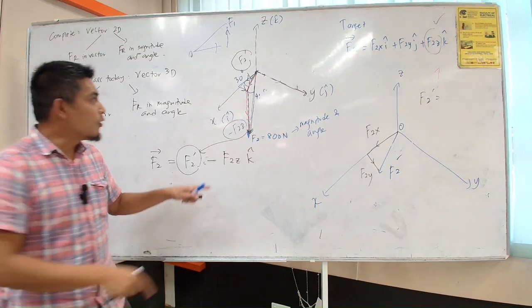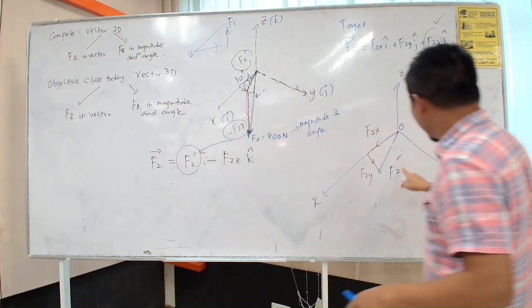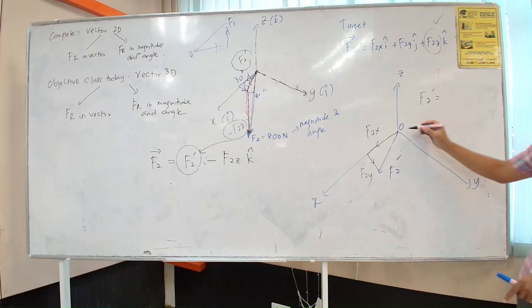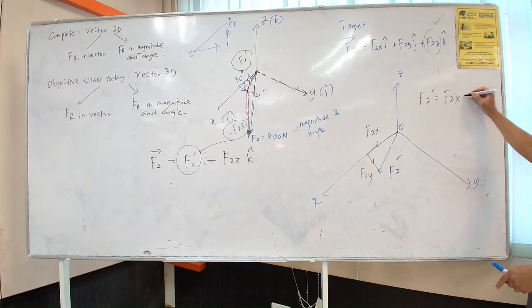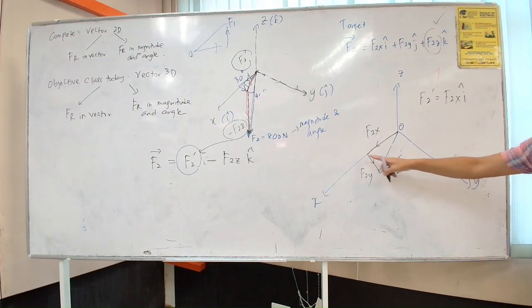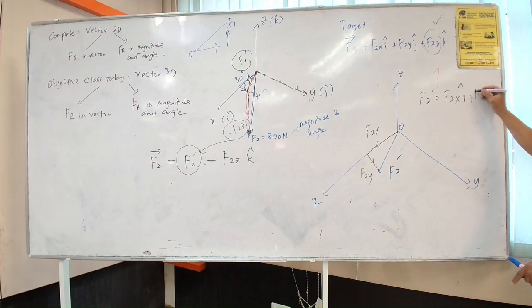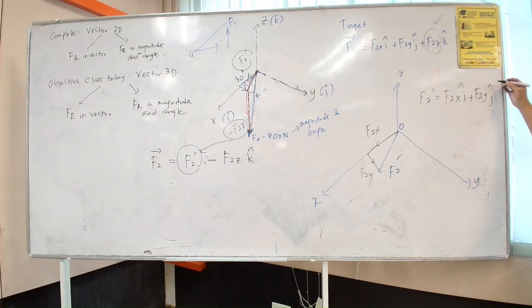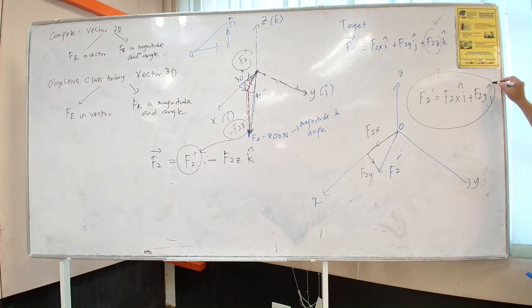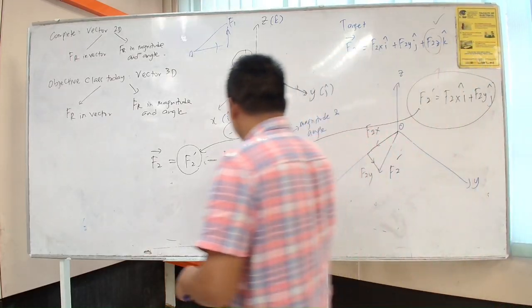direction. So when we try to investigate, the F2 prime here actually is F2X in I direction plus with F2Y in J direction. So this information we replace to here.